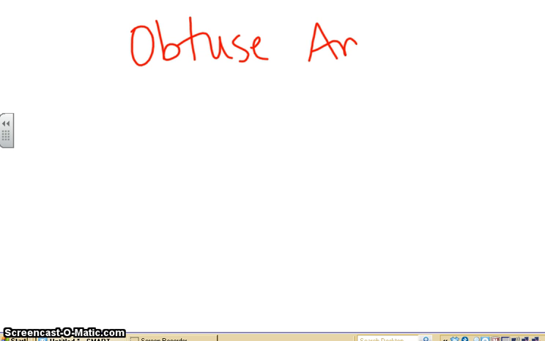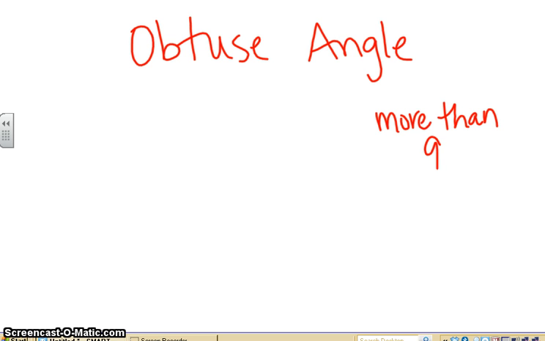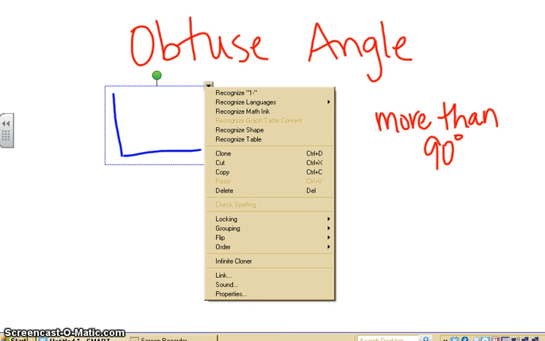The final angle that we are going to talk about is an obtuse angle. Now, if an acute angle is less than 90 degrees, an obtuse angle is more than 90 degrees. Remember that when we drew that right angle earlier, I told you that the acute angle was less, so it had to be smaller than 90 degrees.